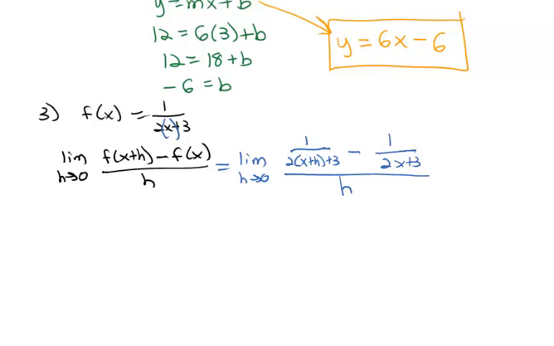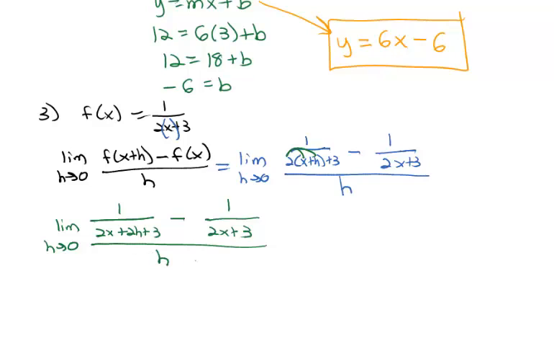And now it's a big algebra problem. Let's distribute through parentheses. That's going to give us the limit as h goes to 0 of 1 over 2x plus 2h plus 3, minus 1 over 2x plus 3, all over h.